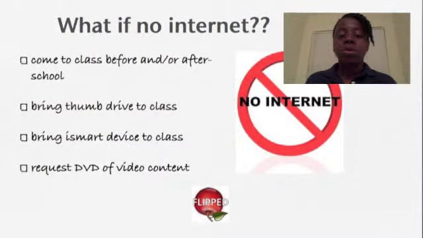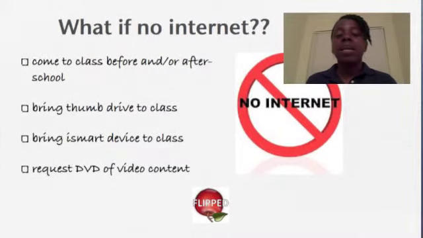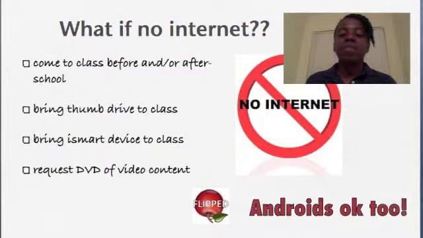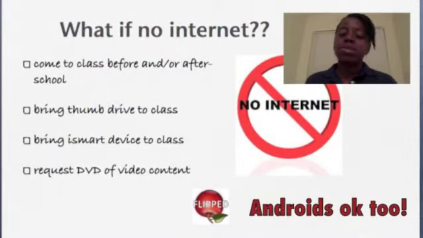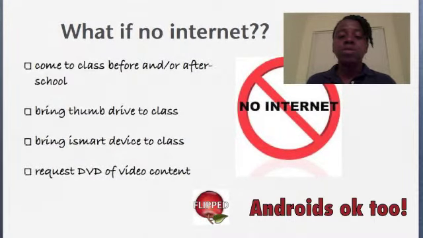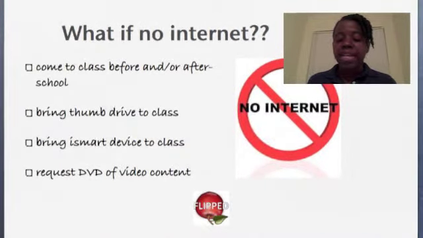Those things are all workable, even with you bringing in your own smart devices. And right now, our capabilities would be with iSmart devices like iPhones, iPads, iPods, those types of devices. So we can work around those types of issues to make sure that you're still able to participate in what we're doing with our class.